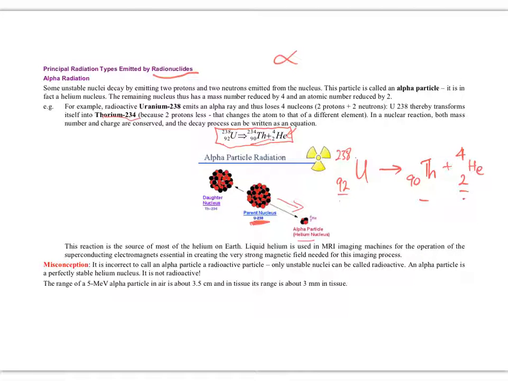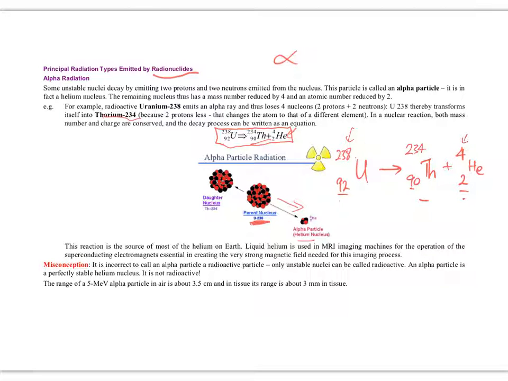If you didn't know what 90 was, that's where you look on the periodic table. The top numbers also have to add up. So here we've got 4. It has to add up to something to give us 238. So the other top number there is 234.